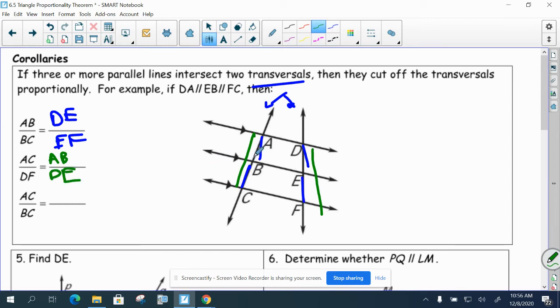Could you have said BC to EF? Yes, that would have been fine. And then this last one here, it says AC, the whole thing, to BC. Then you would state the whole thing over here, DF to EF.